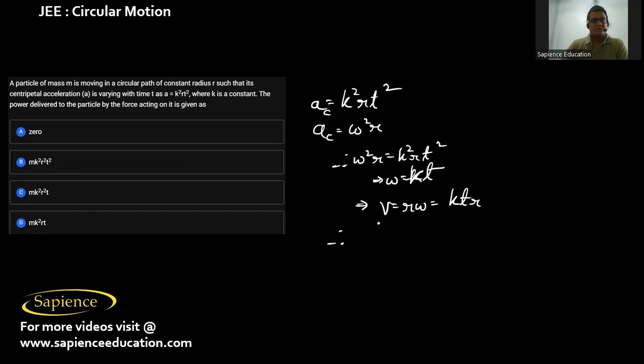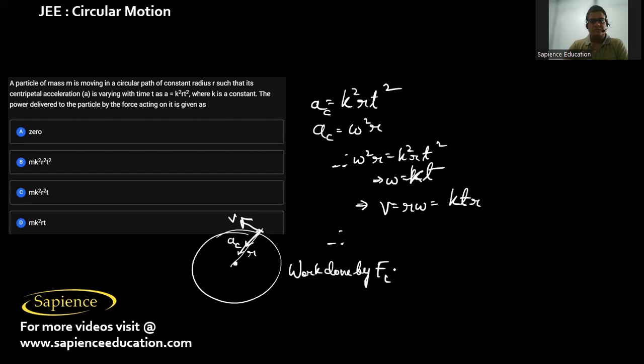So when it is moving in a circular path of constant radius, then the centripetal acceleration is acting towards the center, and the centripetal force is acting towards the center, and the velocity is acting tangentially. So the work done by the centripetal force will be equal to 0 only, since the angle between them is 90 degrees.